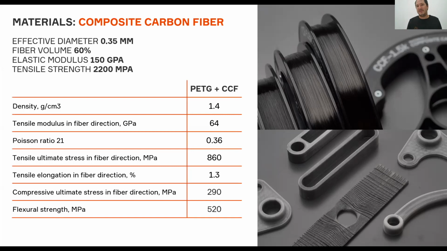So it doesn't really matter if you print with a plastic that is 40 MPa strong or 100 MPa strong. It will not affect significantly the strength and stiffness of a composite material in fiber direction, but of course it will have an influence on the transverse properties.